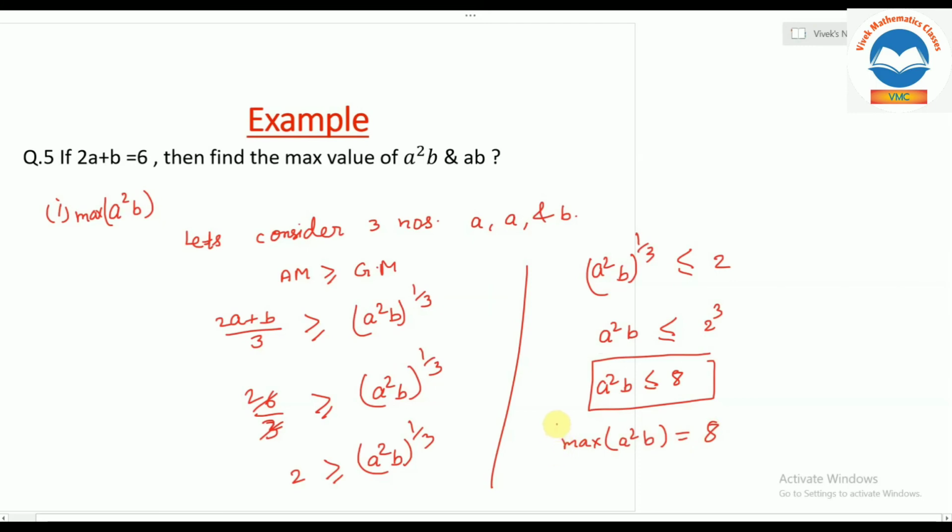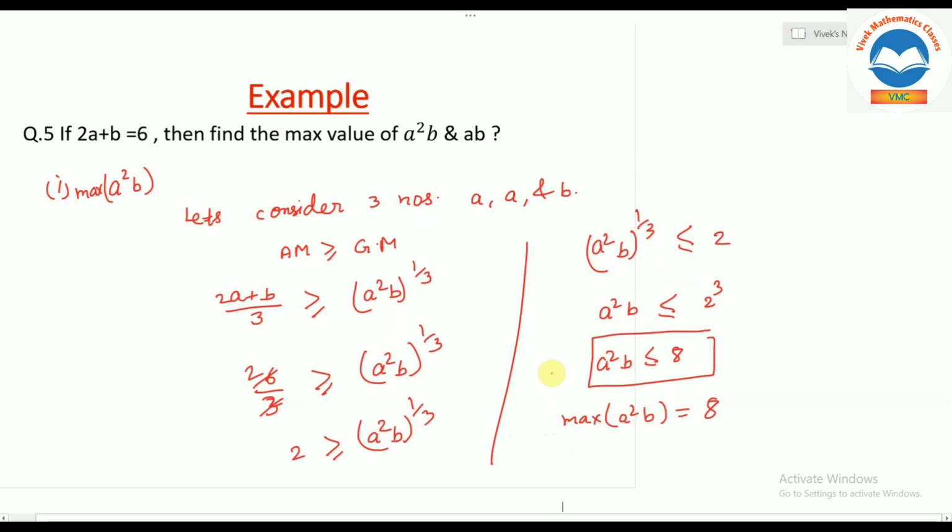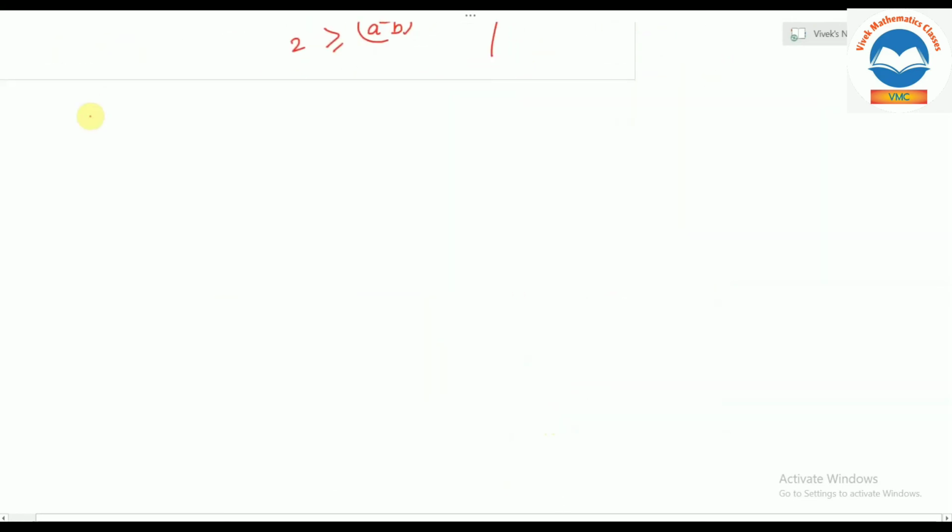Next thing they are asking is ab. We need to find the maximum value of ab also. Second case, they are asking the maximum of ab, and what they have given? They have given 2a plus b equal to 6. They are asking a into b. It means you have to take two numbers only.